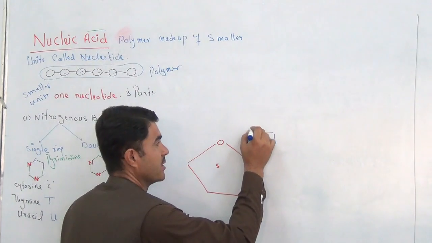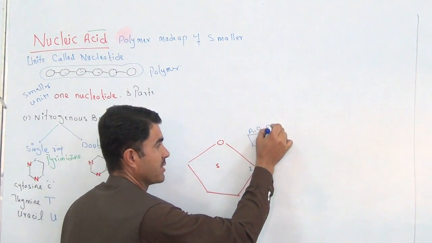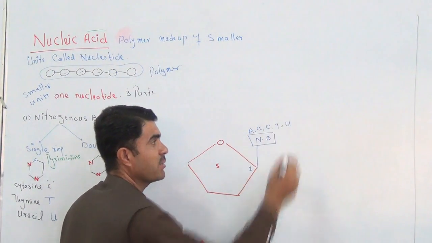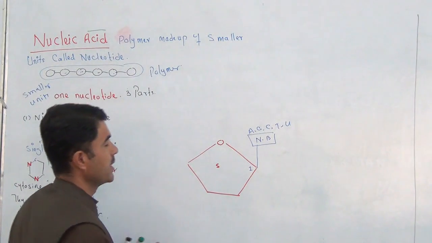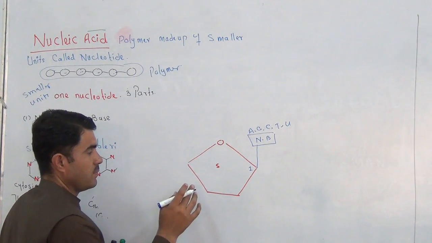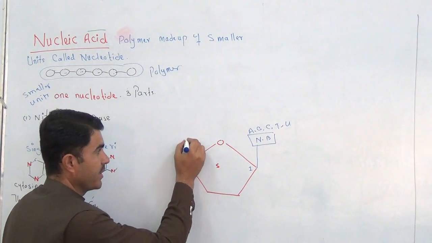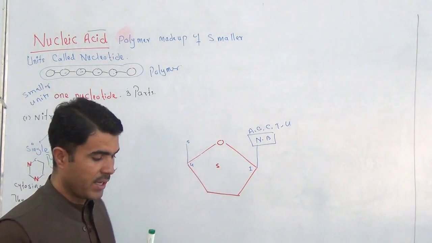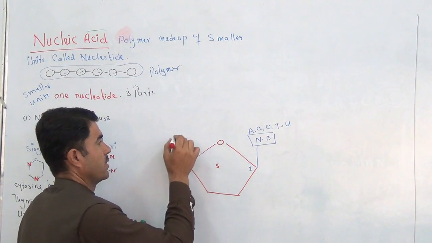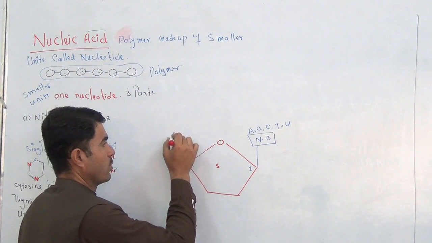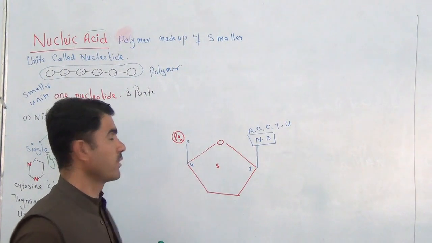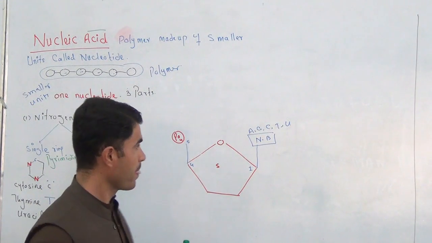It may be adenine, guanine, cytosine, thymine, or uracil, any one. We know that this is the 4th carbon, and here we have the 5th carbon. At the 5th carbon you will find the PO4 phosphate group.